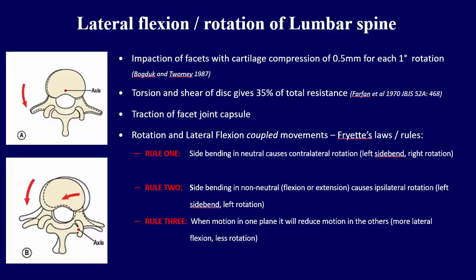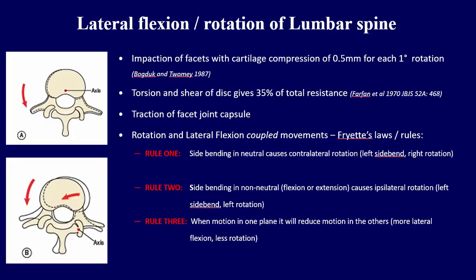In addition, the facet joint capsule of the opening facet joint will be placed on stretch. The lateral flexion and rotation coupling which occurs, in other words, one movement occurring with the other, varies along the lumbar spine, and broadly speaking, we can predict that different movements occur at different times.